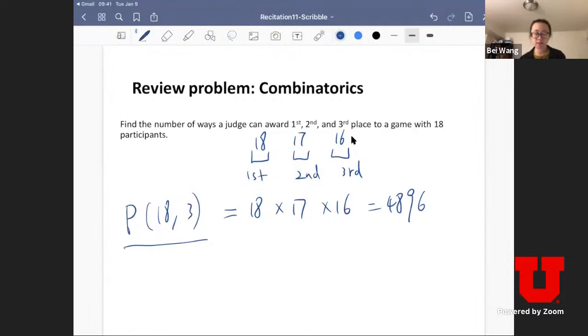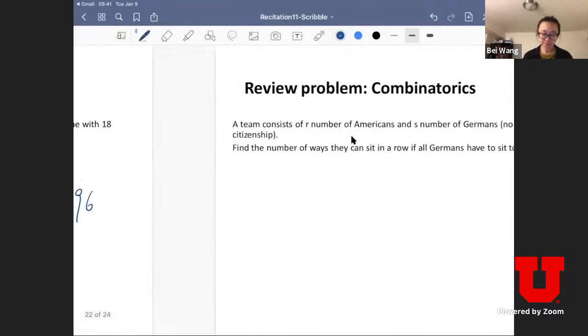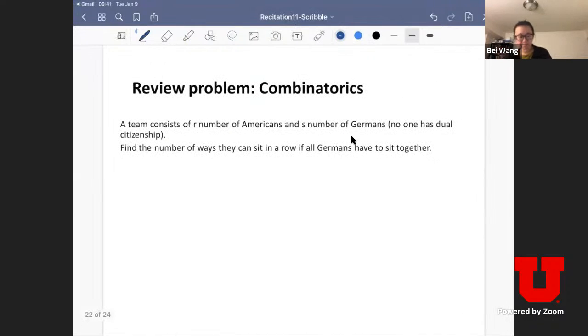Let's look at a slightly more complicated problem. Let's say you have a team of r Americans and s Germans. To make it easier, no one has dual citizenship. Now the question is: find the number of ways they can sit in a row if all Germans have to sit together.